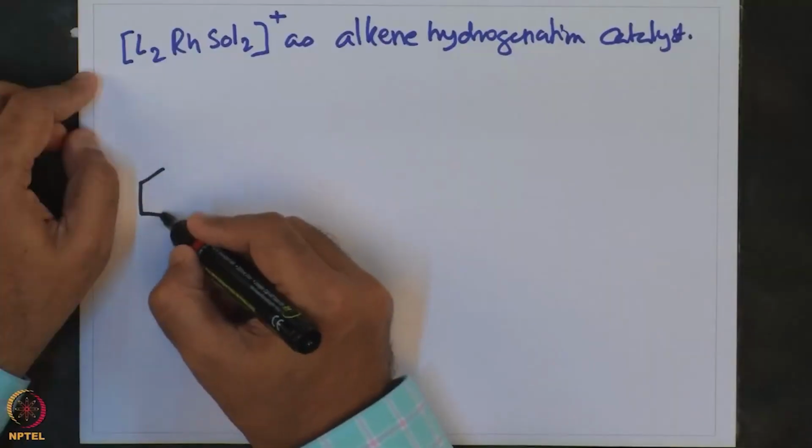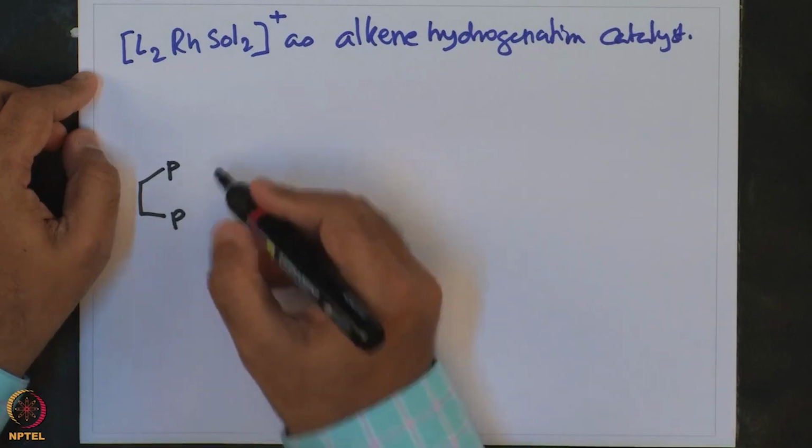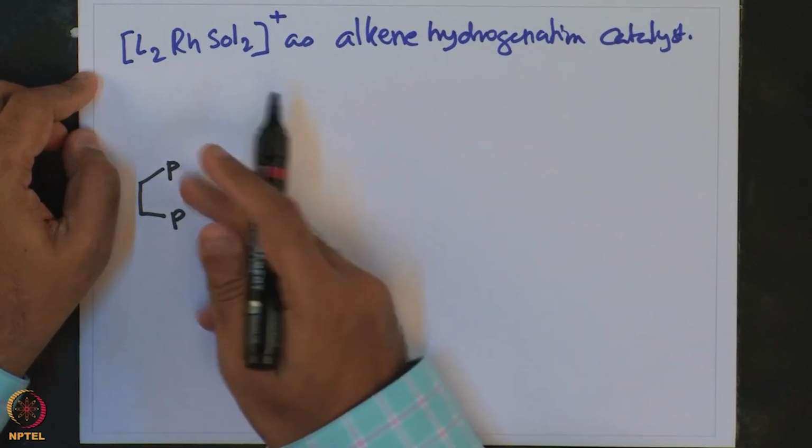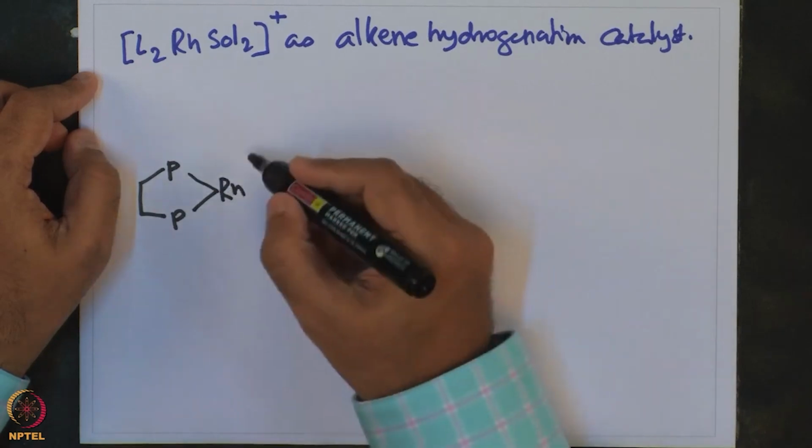Now, the catalytic cycle is given here. These are chelating phosphine ligands bound to rhodium.